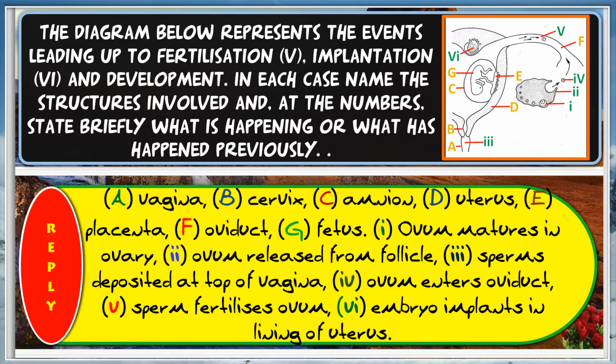Roman number 4. Ovum enters oviduct. Roman number 5, sperm fertilizes ovum. And Roman number 6, embryo implants in the lining of the uterus.